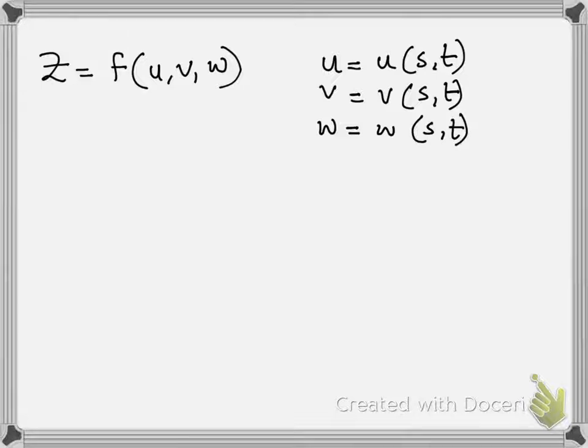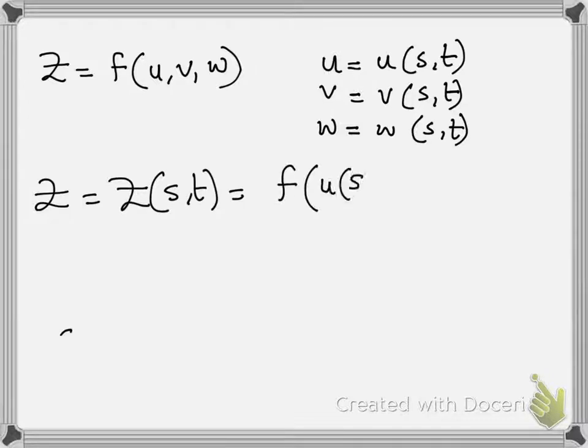Okay. So z is a function of three variables, but each variable is a function of two variables. So if you replace u by u of s and t, v by v of s and t, z would be a function of s and t, right? So z of s and t would be f of u of s and t, v of s and t, w of s and t.